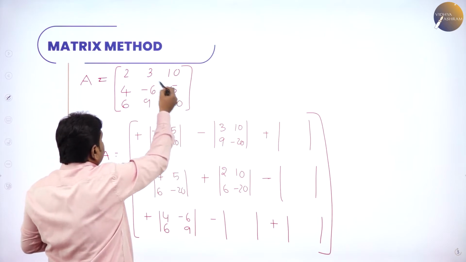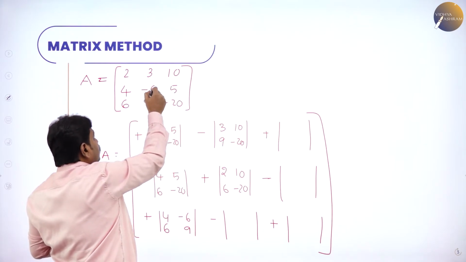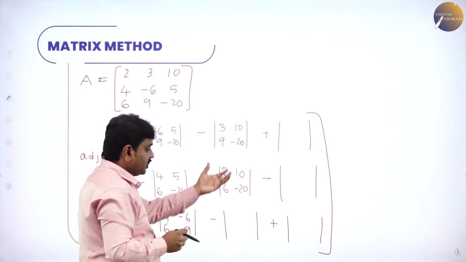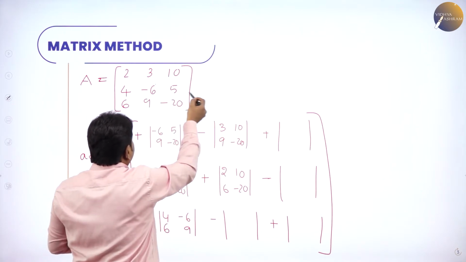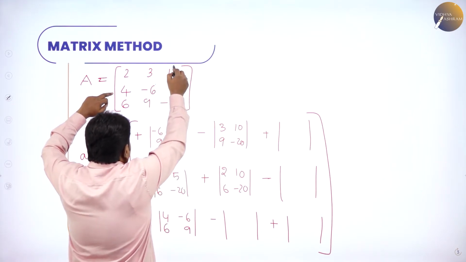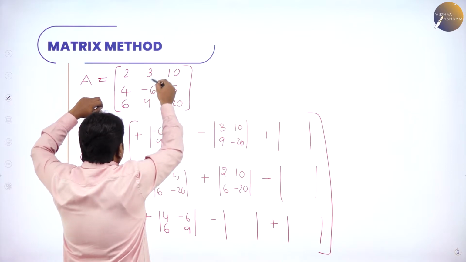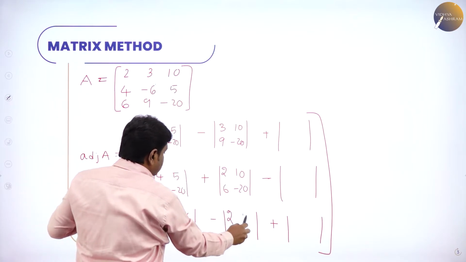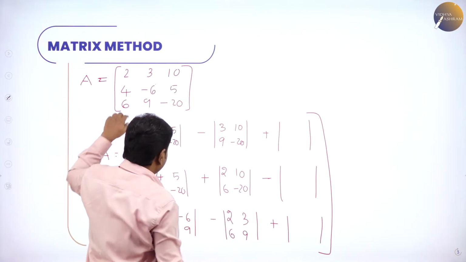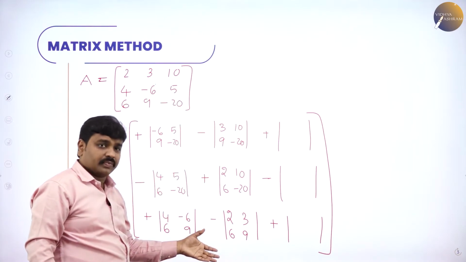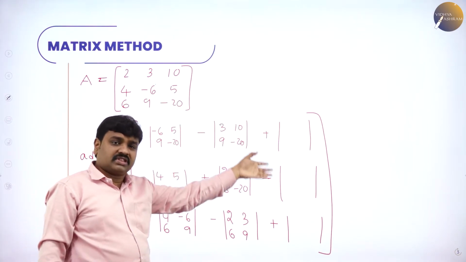Now second row third element, leave the second row and leave the third column. So I will get 2, 3, 6, 9, write it in column. Do for second row and write it in second column. Then do for third row and write them in third column.